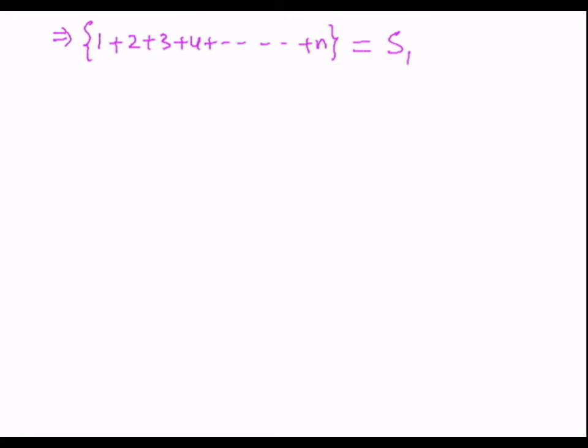But since this is the sum, it can be written by means of sigma n. So here we can write it by means of sigma n. Therefore sigma n is equals to S of 1.